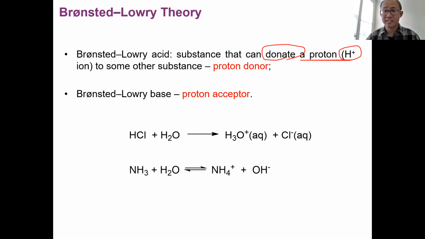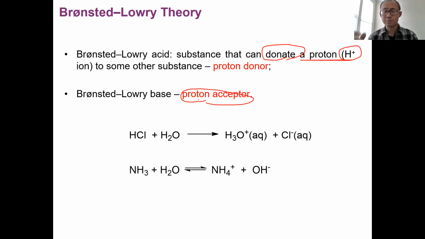Bronsted base theory is very related to the Bronsted acid theory. That is, a substance, in order to be a base, must be able to accept a proton. We call proton acceptors bases. This theory is basically focusing on the proton.